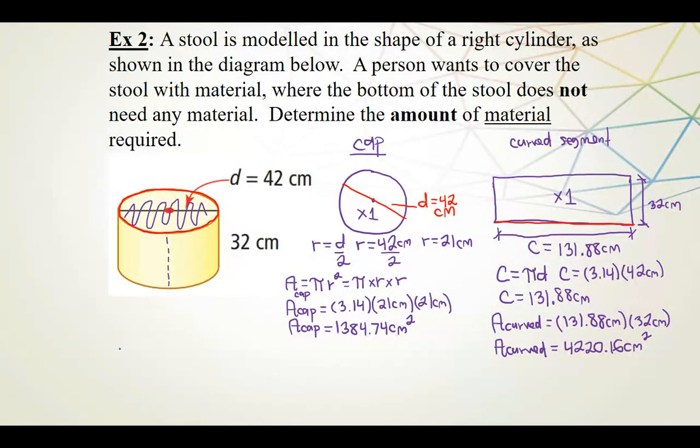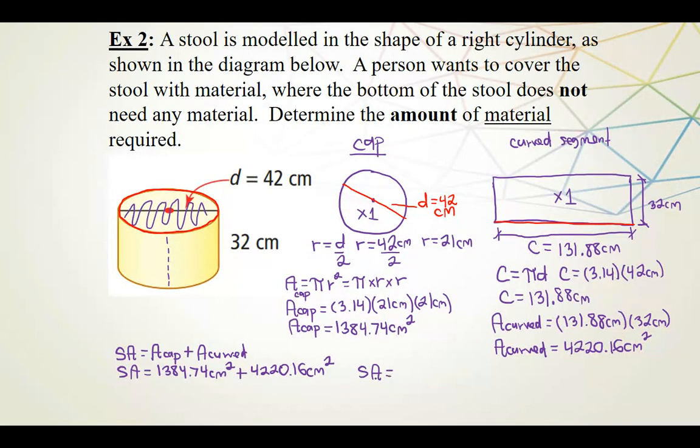And now your total surface area is just going to be the area of the top of the stool, so that's the area of the top cap. Again, we're not including the bottom cap because we're not covering the bottom of the stool with material, plus the area of the curved segment. The surface area would be 1384.74 centimeters squared plus 4,220.16 square centimeters.